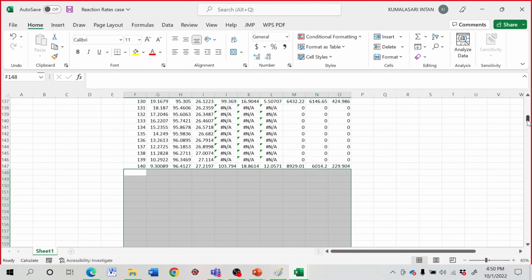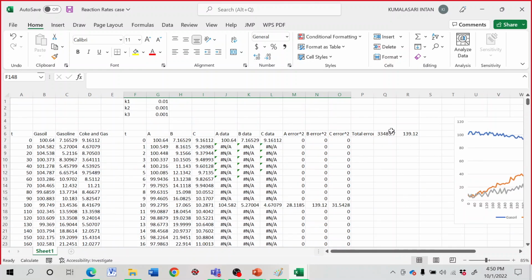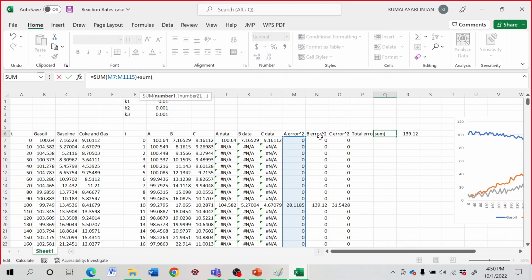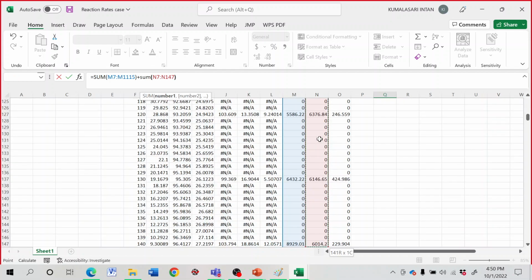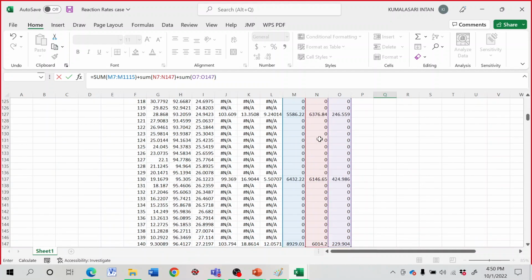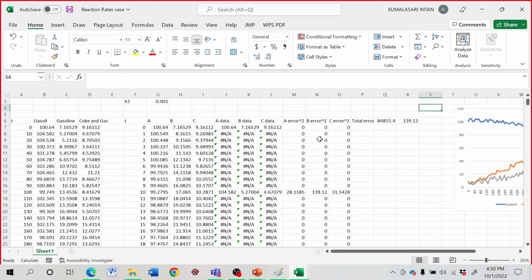So you need to remove this, and then you get this sum plus sum plus sum. Right, so now you can either take the square root or just simply do this sum.